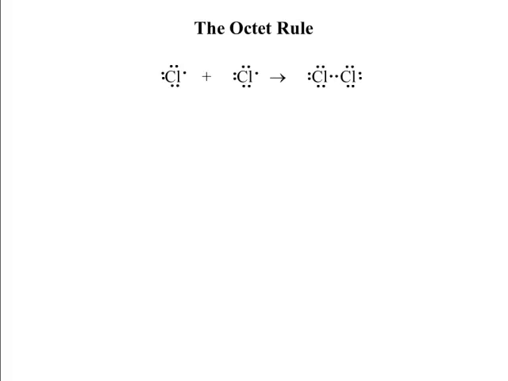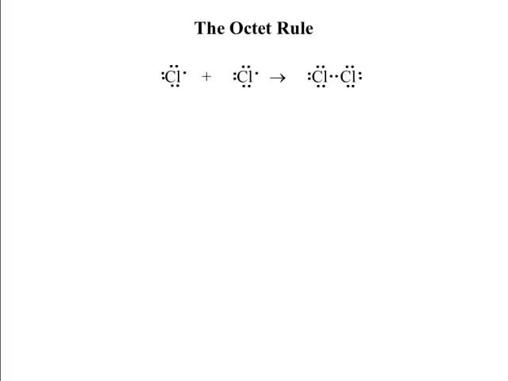Why? Without the electrons being shared, each chlorine would only have 7 electrons. When they share that electron within that bond, each chlorine technically now has 8 electrons. So that bond between them has 2 electrons that are shared between them. Each chlorine in this picture has 8 electrons.